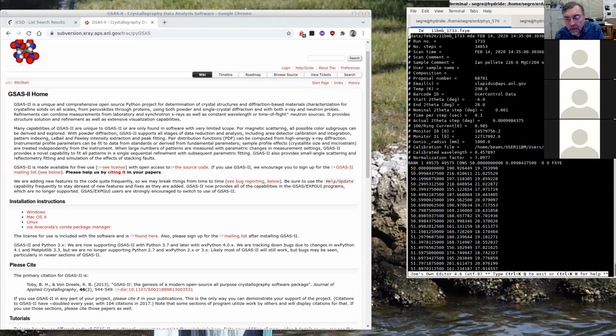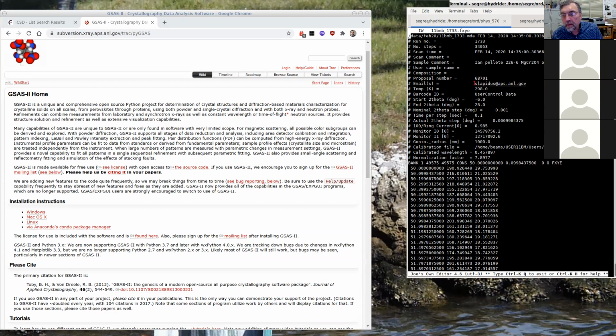The FXYE has angle, counts, and error. The E at the end is for error, or estimated standard deviation. Basically, it's a Poisson error. And then it has additional information up here.